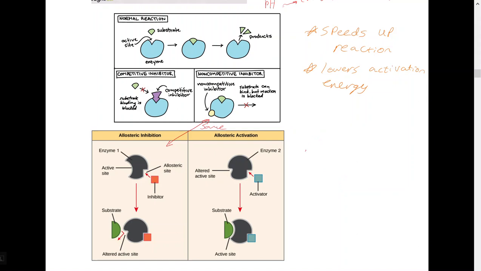The amount of substrates has no effect. Or at least almost no effect. I mean, if you have very, very few substrates, then maybe it will have an effect.